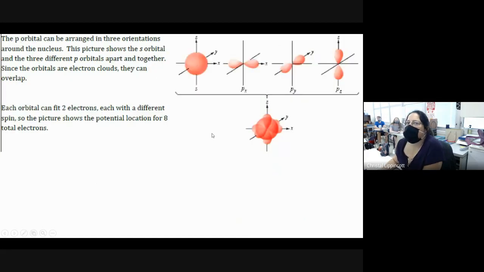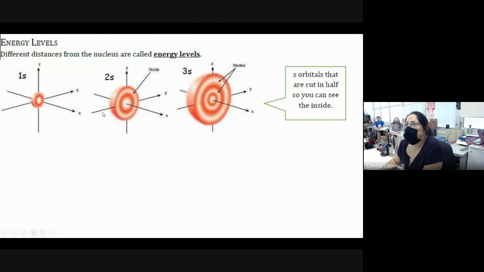Cart before the horse. We can arrange these so that we have our s orbital here. We have a p orbital this direction, and this direction. Remember, we're talking about these in terms of a 3D model in a 2D representation right now. So you have to be able to visualize this.